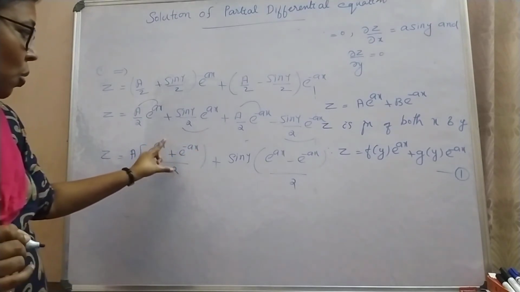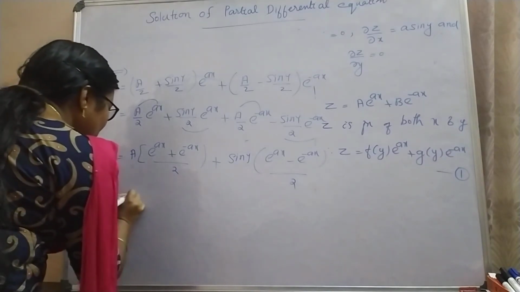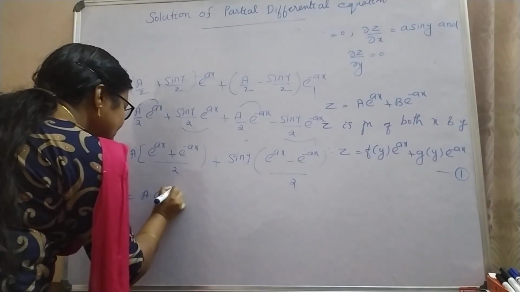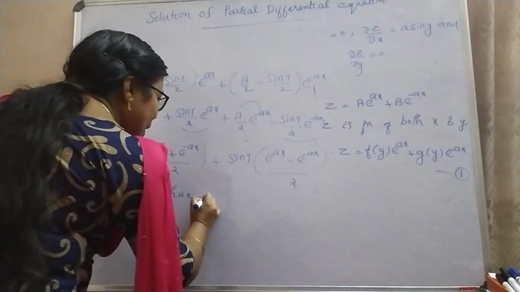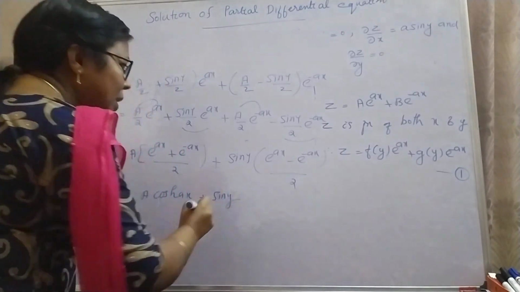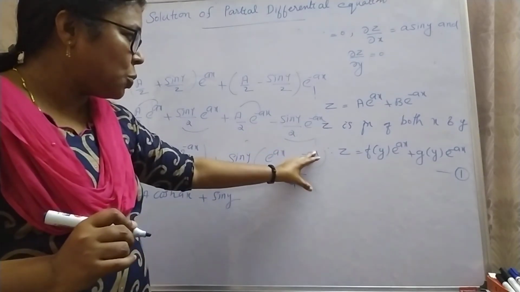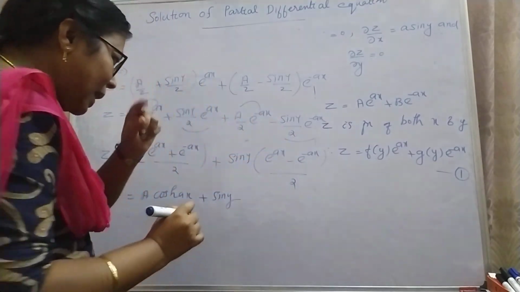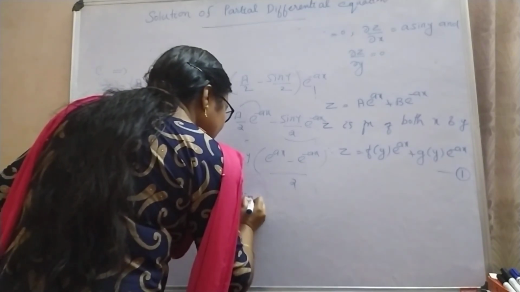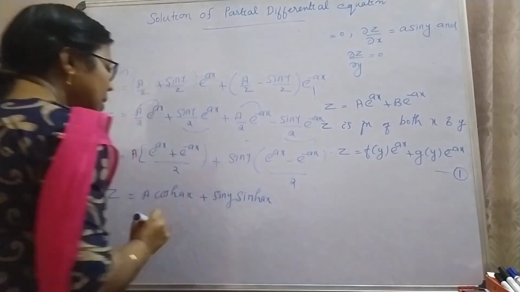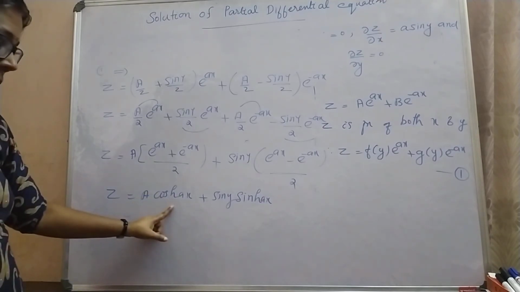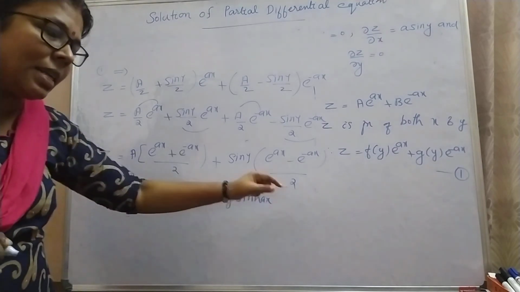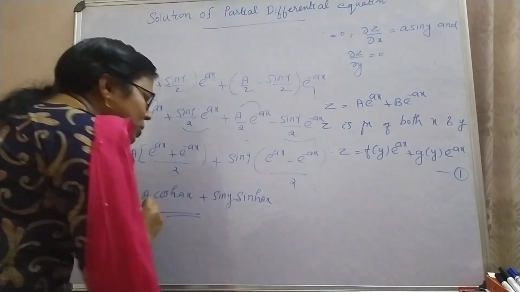It is cosh ax, the hyperbolic cosine. And (e^(ax) − e^(−ax))/2 is sinh ax. Here we get the solution as z = a cosh ax + sin y sinh ax, which is the required solution. Okay.